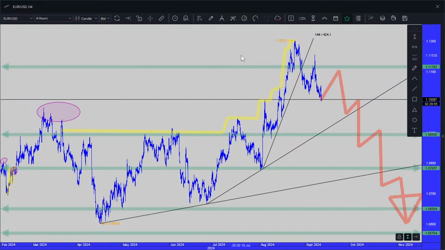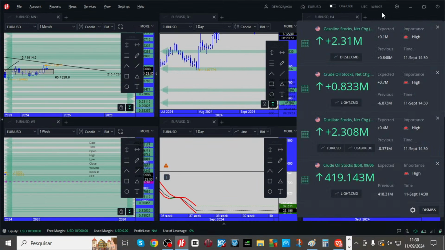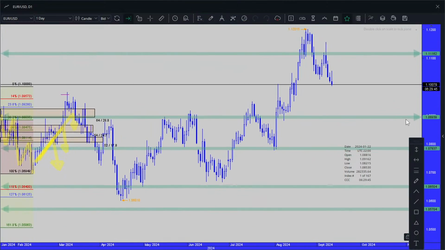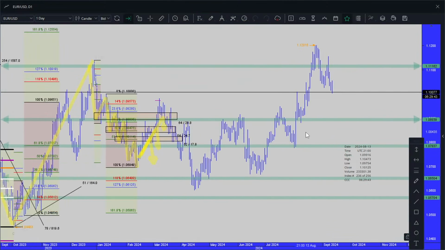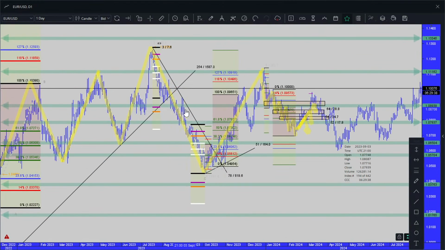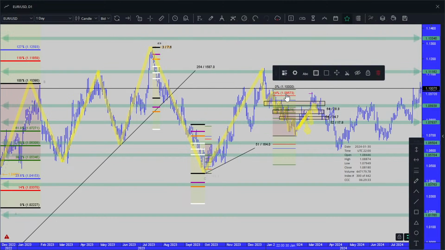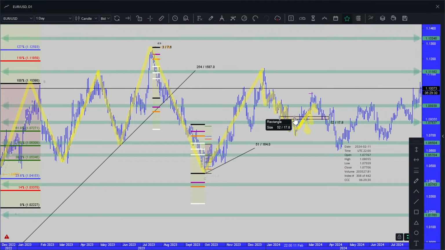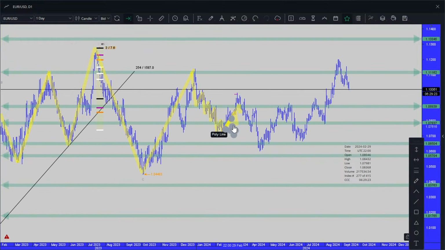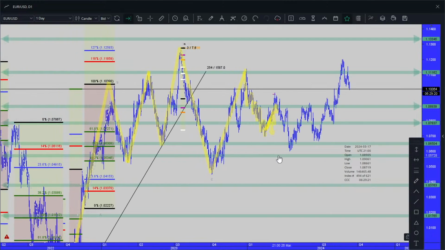Okay, now here is the magic. If I go on the daily chart, and if I zoom out, and again, if I clean the Fibonacci's, clean most of the stuff, all right, what do you see from the daily?